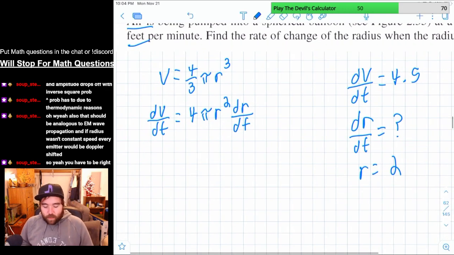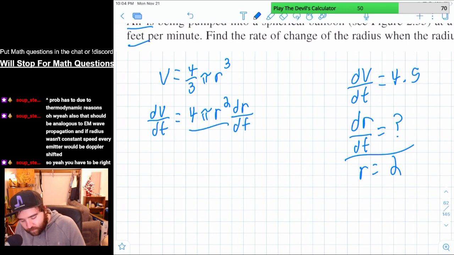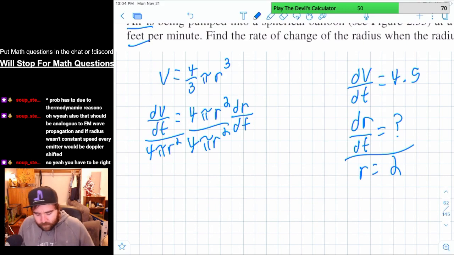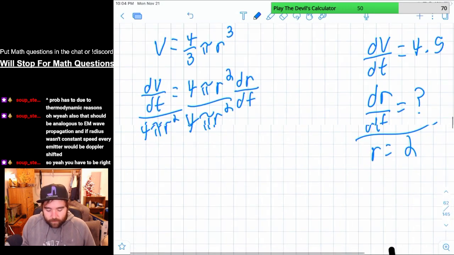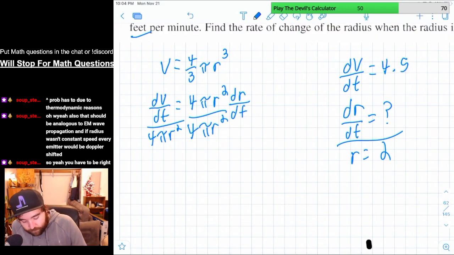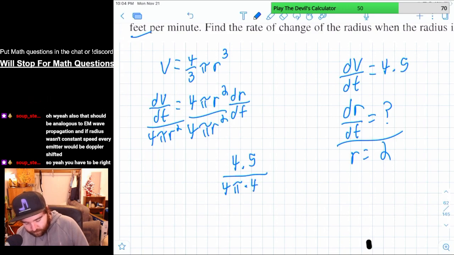And now we plug in what we know. I guess this one's kind of interesting because look, it's the dr/dt that we want. So what we actually want to do, we can plug in first or do this now, is divide by everything, so now the dr/dt is by itself. So then what we want is dV/dt, which is 4.5, over 4 pi r squared, so times 4.